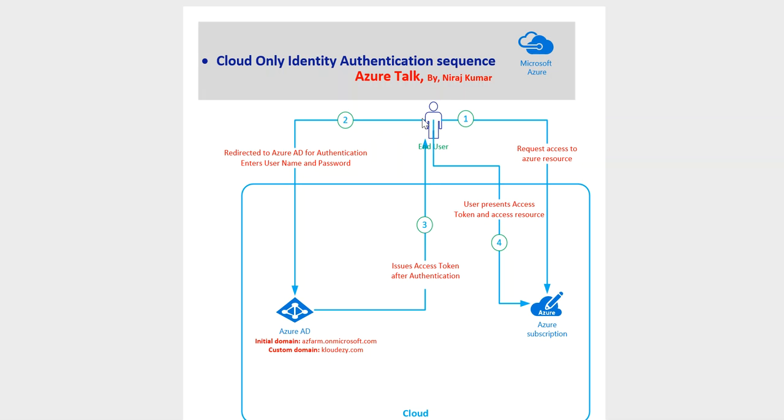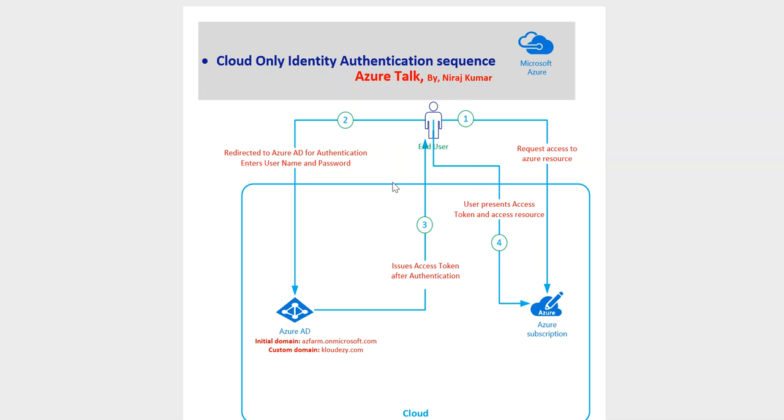When I say user, everything is happening in the user's browser, which is Internet Explorer or Chrome, any session which is happening. Once the browser receives the token, the browser is going to go ahead and present it to the resource that you're trying to access. It could be a VM, it could be a PaaS SQL, it could be a web app, anything and everything, or it's a simple act of logging on to the Azure subscription website.